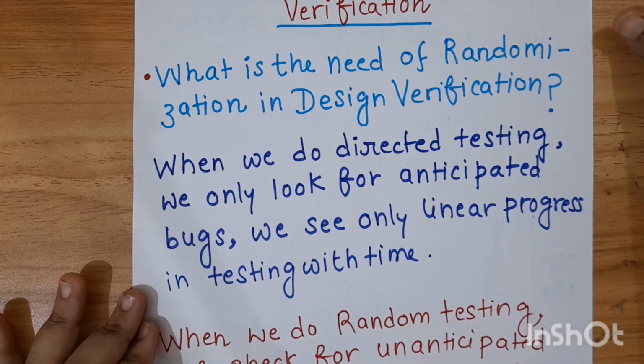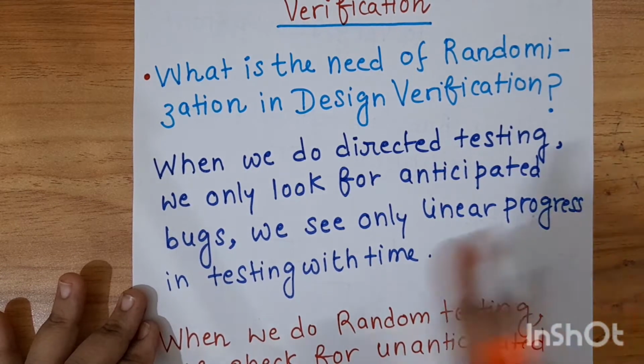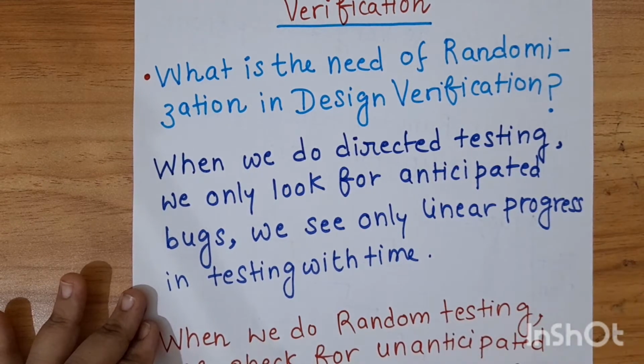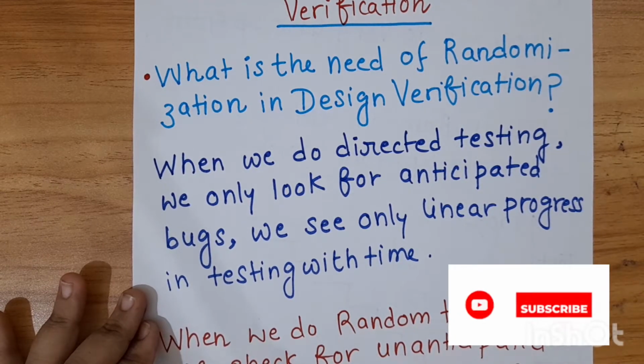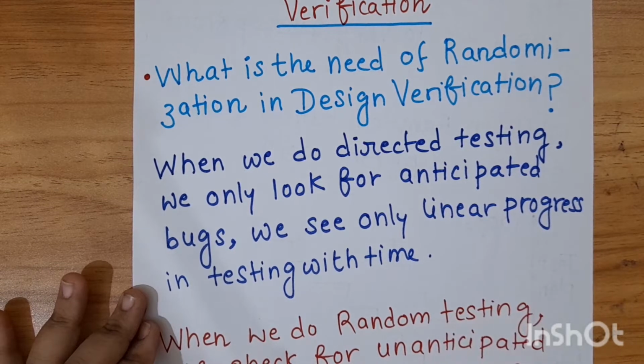For the whole circuit, to make sure it is fully tested, we might have set some expectations. Yes, this feature you have to cover, then that feature, then the third feature, the fourth feature, with respect to our design document. And while writing the directed tests, linearly we move towards our goal.